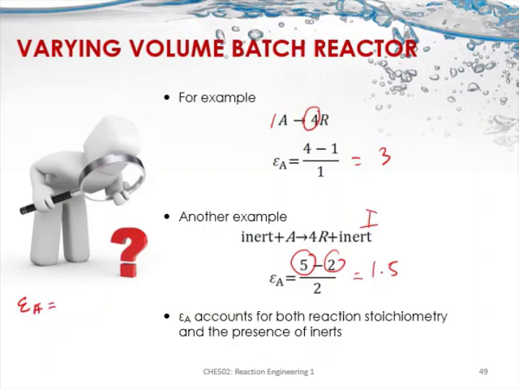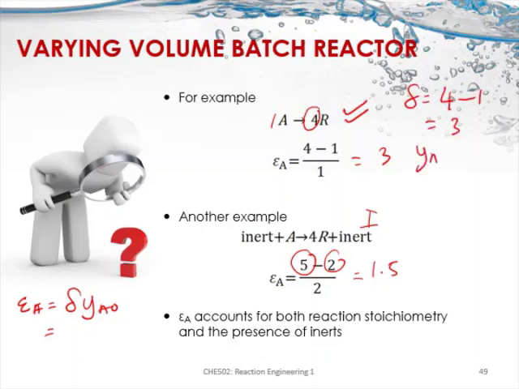Epsilon A can also be defined as delta YA naught. Delta is the stoichiometric number, product minus reactant. Take the first example: delta here is equal to 4 minus 1, which is 3.